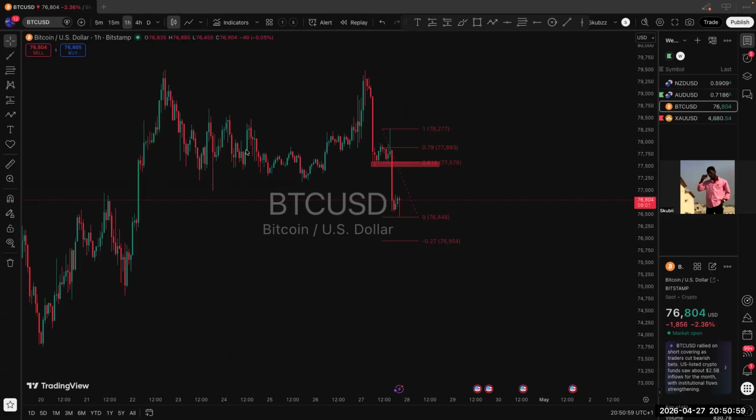Is there any currency pair you guys want us to take a look at before we call it a day? USD JPY and JPBSD, okay. USD JPY.